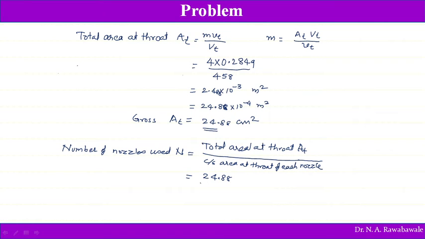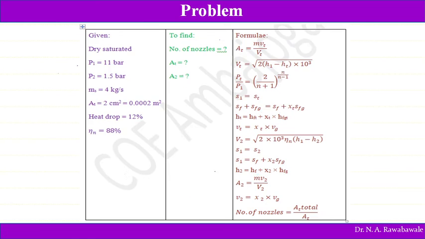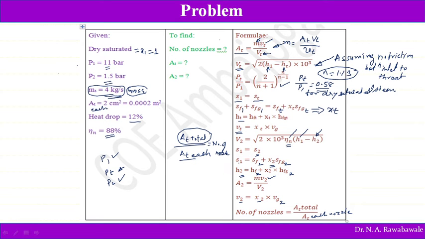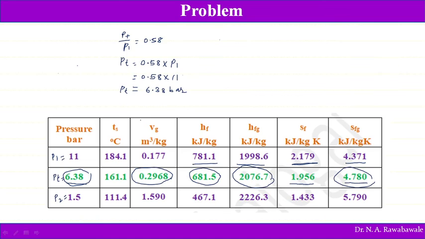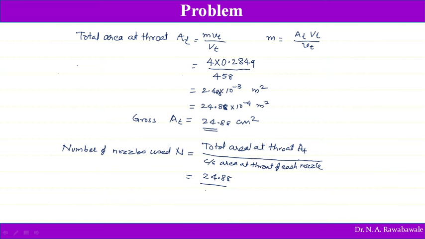Total area is 24.88 centimeter square, and area of cross section of each nozzle, given in the problem, is 2 centimeter square.